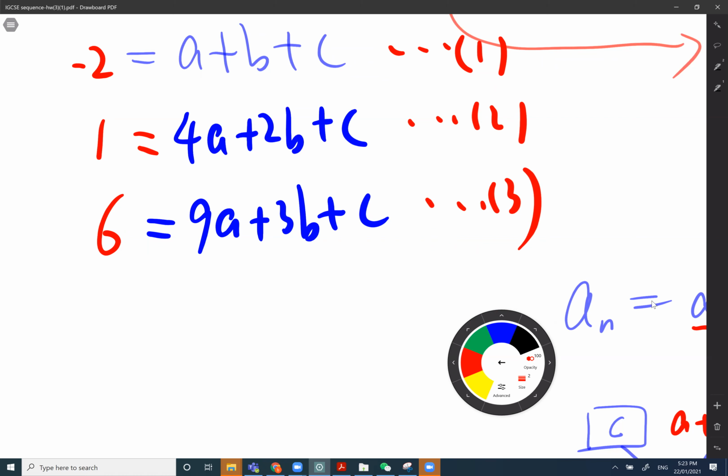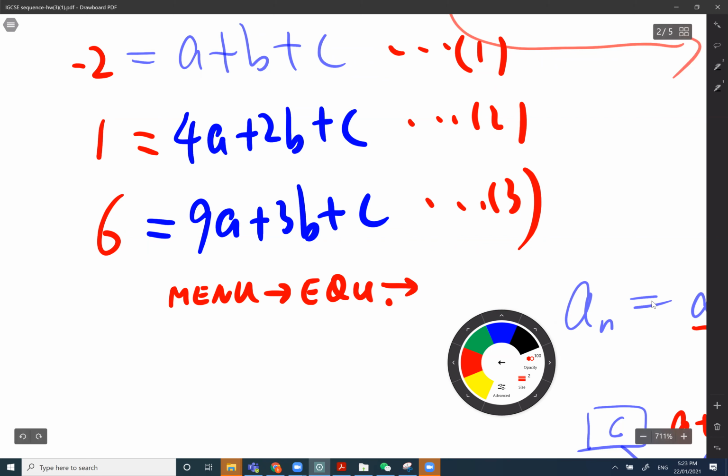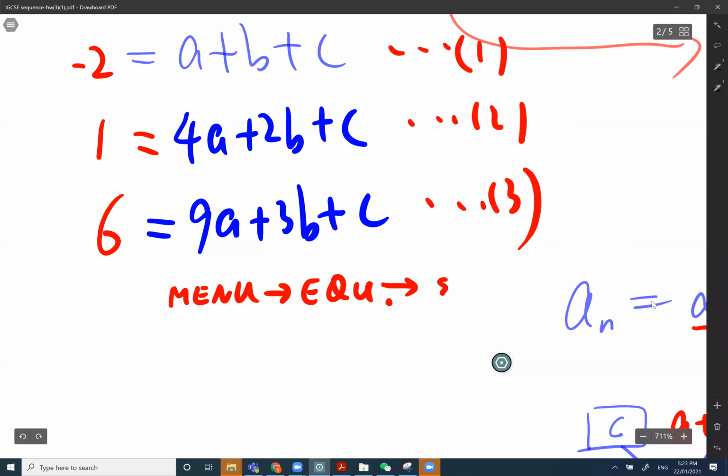Yes, this calculator can do it. If your calculator has the manual equation function, you can just do this, because there is a simultaneous one.